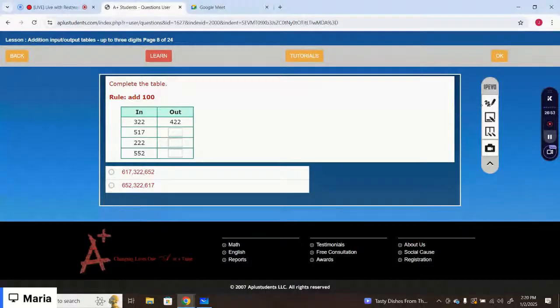Complete the table. Add 100. So, which is the correct option? The correct option is 617, 322, and 652.